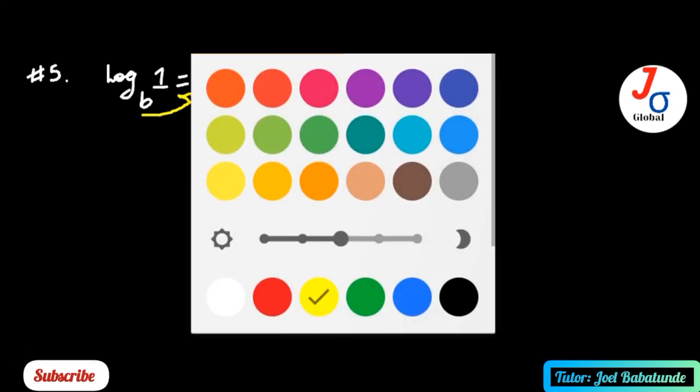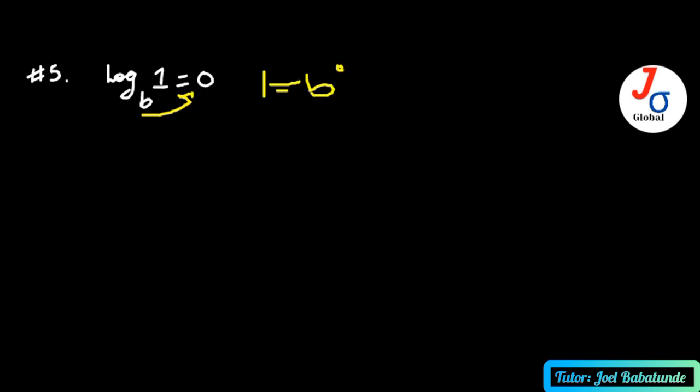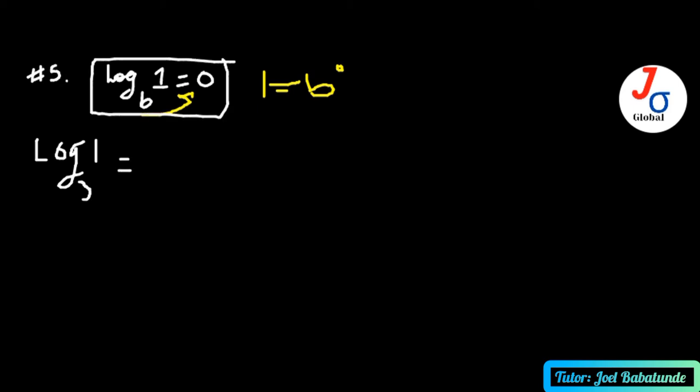Then let's see an example. Let's see log 1 base 3. So what's log 1 base 3? According to this law, when log 1 has any base, the answer is equal to 0. What about log 1 base 5? That's equal to 0 also.